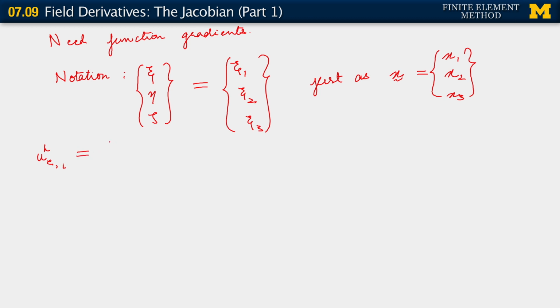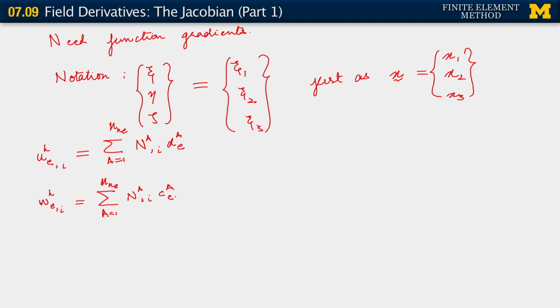This is the sum over A going from 1 to the number of nodes in the element, N A comma i, d A E. And the same thing for w h. w h, E, comma i is the sum over the nodes in the element, N A comma i, c A E. So we need to compute these gradients of basis functions.